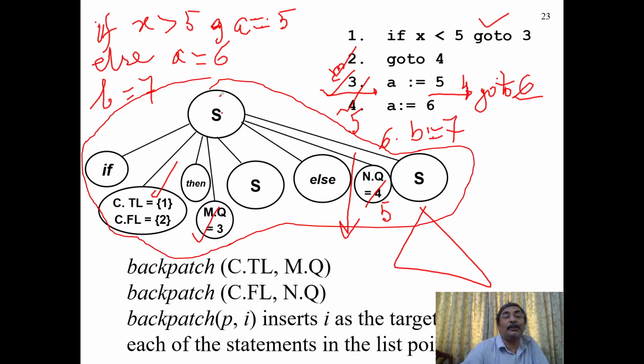When we do, we'll see that this S needs to have one attribute, S.next, meaning the whole block of S, which contains these 4 or 5 lines, will contain certain gotos which cannot be filled up with targets before the code for the next statement is generated. So we'll come back to that again.